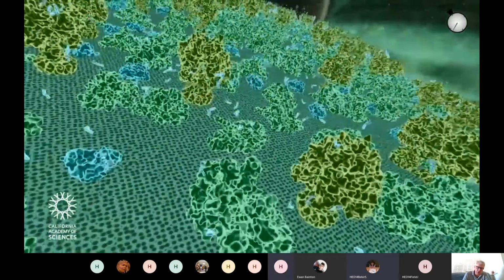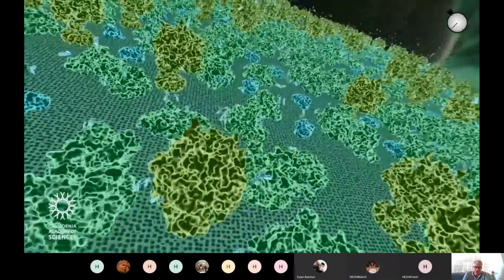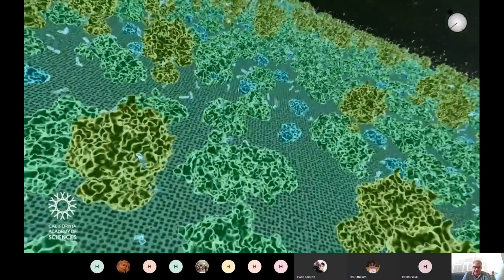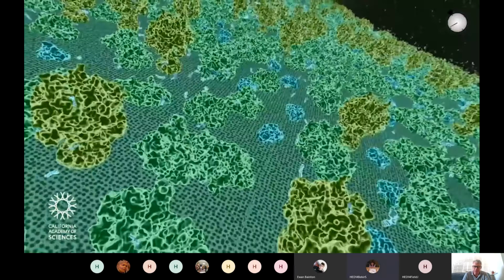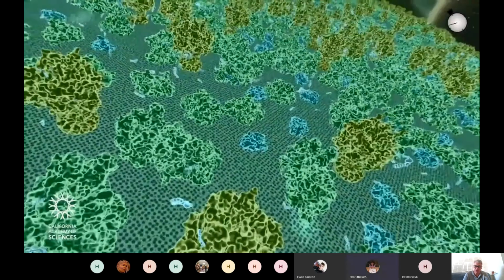The energy from the electron transport chain is transferred to the ATPase effectively to build up ATP. And we'll look at this in a bit more detail when we do respiration.